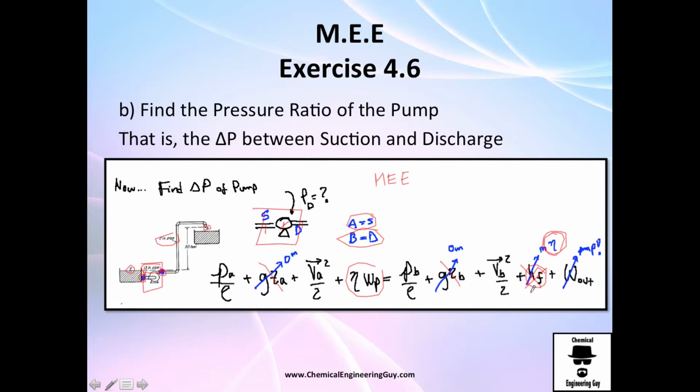We are going to suppose that the person who gave us the efficiency already took care of this, calculating this efficiency and putting it in this concept of efficiency. And of course, hopefully you see that there is no work going out. So we got pressure, velocity, head of the pump, pressure, velocity.